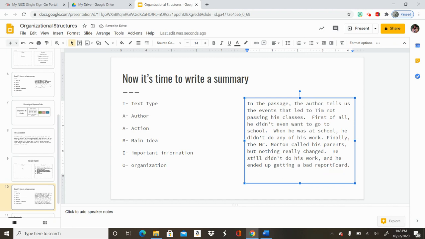In the passage, the author tells us the events that led to Tim not passing his classes. First of all, he didn't even want to go to school. When he was at school, he didn't do any of his work. Finally, Mr. Morton called his parents, but nothing really changed. He still didn't do his work, and he ended up getting a bad report card.